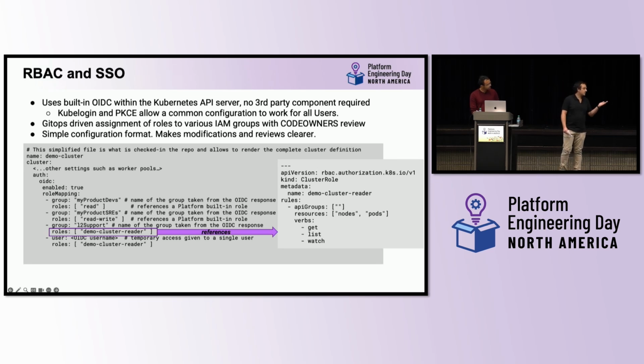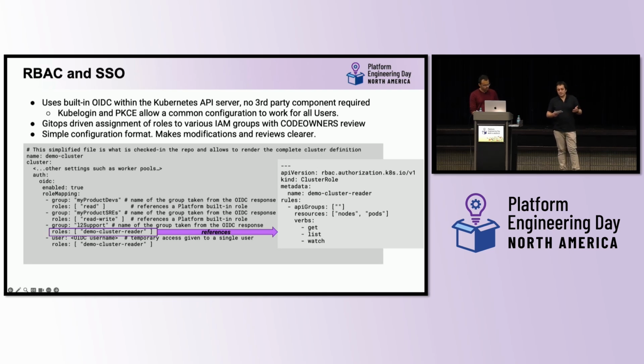And then in the case that we have here, the platform user in particular wants to define their own cluster role that is able to read nodes and pods, as they want to provide level 2 support with a very basic level of troubleshooting. They can still define their own role with a traditional Kubernetes resource and then start assigning it in the simpler configuration format.